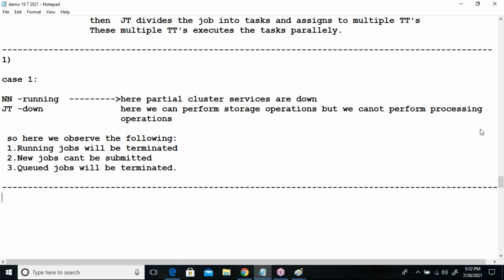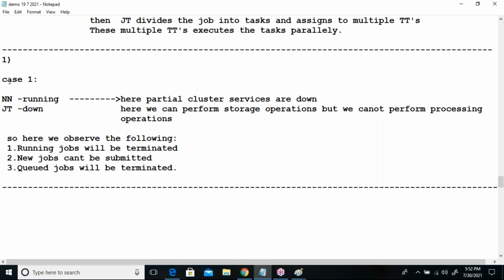For example, waiting jobs, the jobs which are in the waiting state, in the queue.